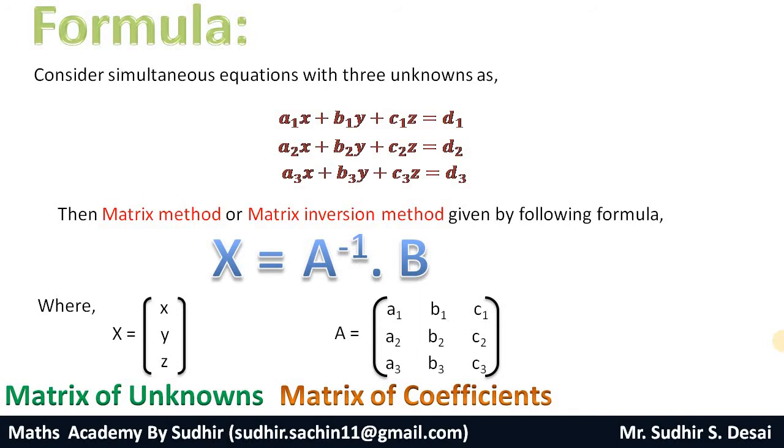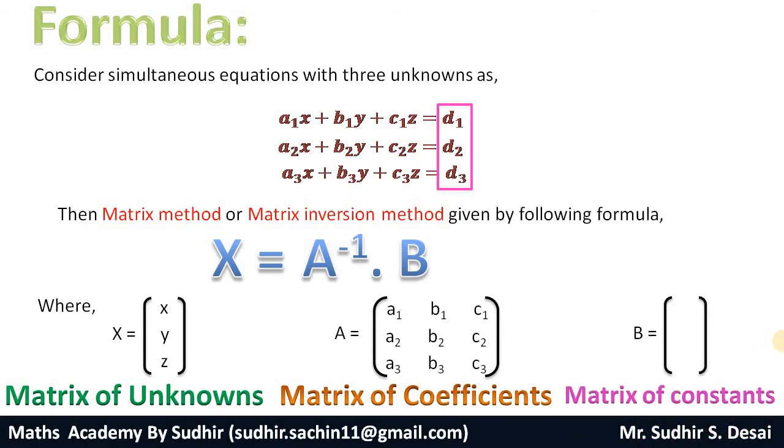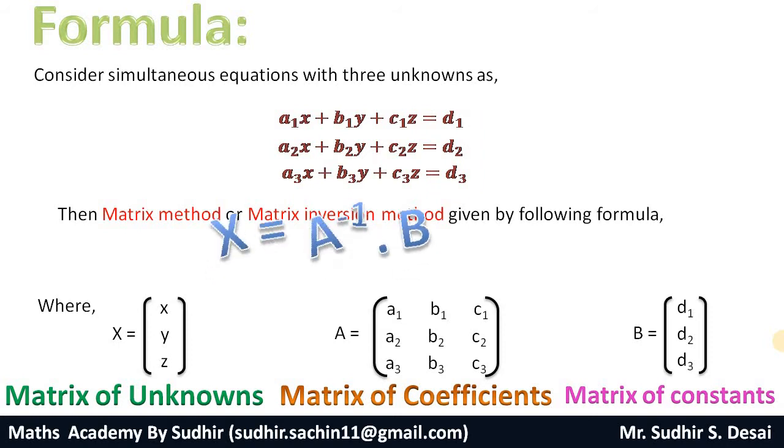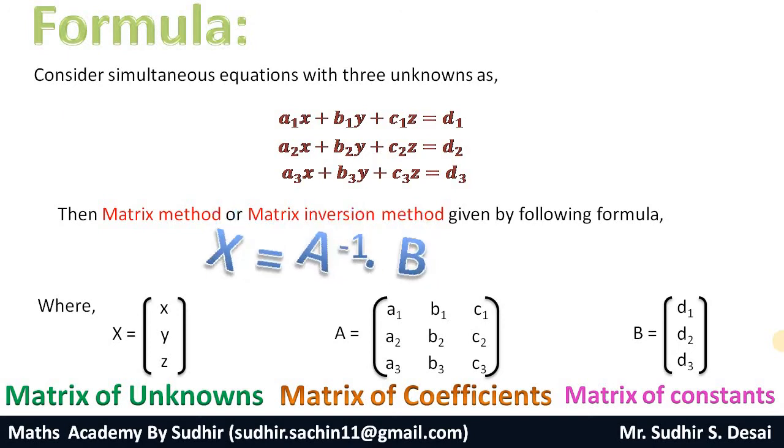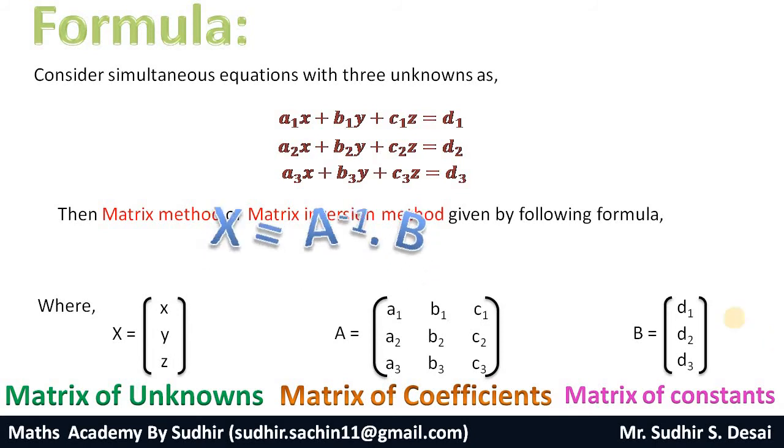Matrix B is known as the matrix of constants on the right hand side of the equations. They are d1, d2, d3. So the formula for finding the solution of simultaneous equations using the matrix method is X is equal to A inverse into B. The important factor here is to find A inverse.